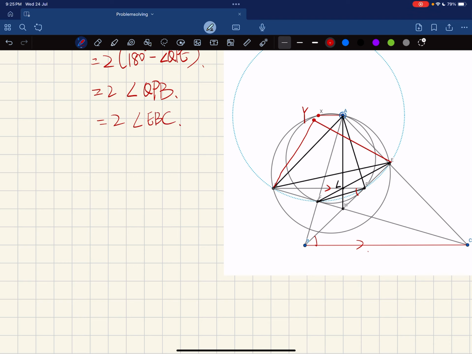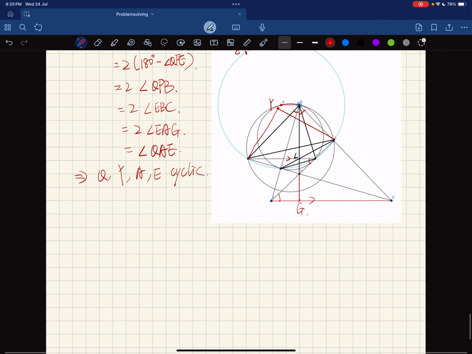If we extend it to G, we can know that A, E, G, B are cyclic, so the angle EBC equals angle EAG, so 2 EAG, and also equals the angle QAE. So we know that Q, Y, A, and E are cyclic.